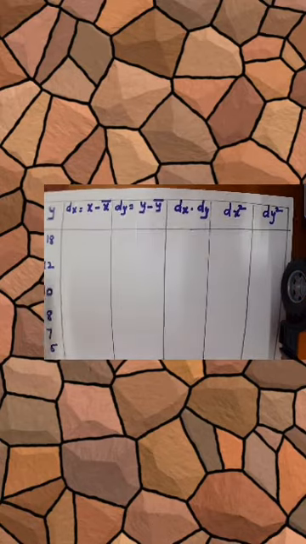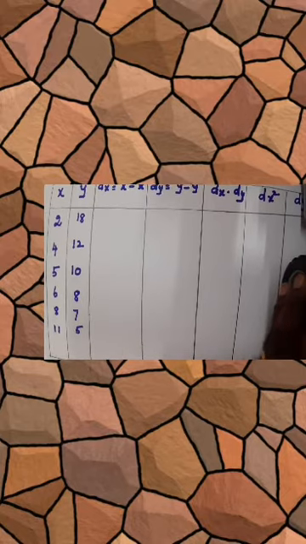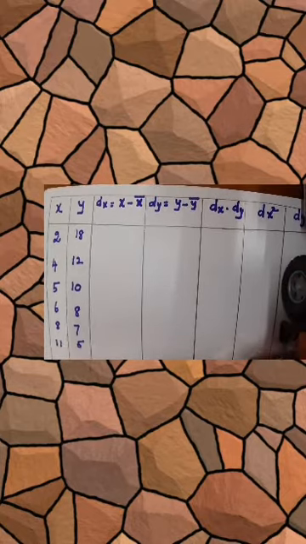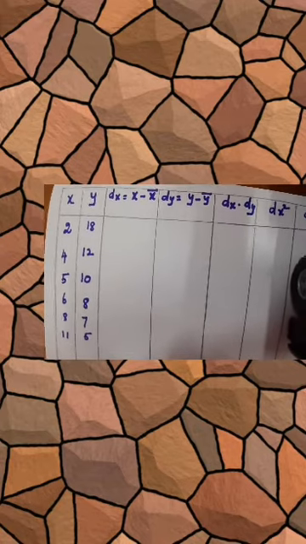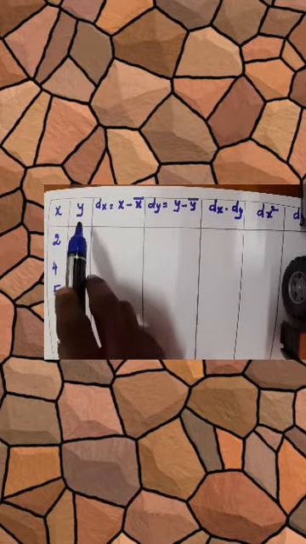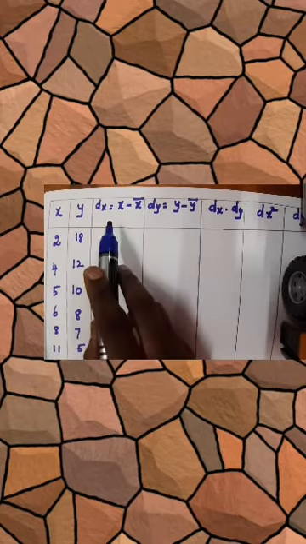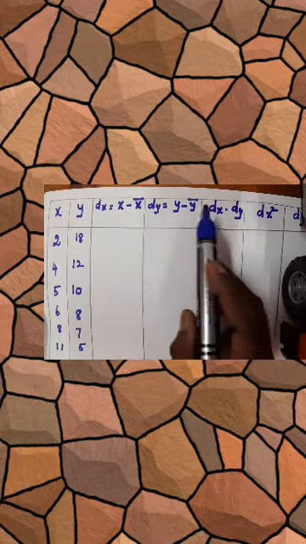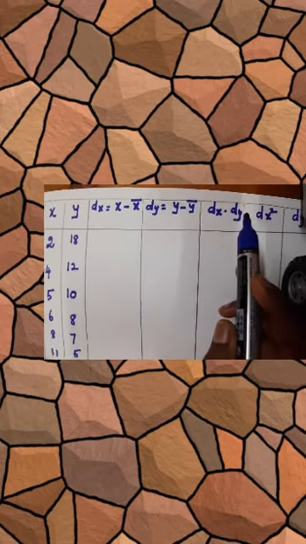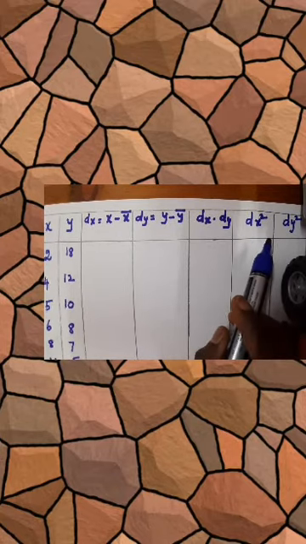So I have made a tabular column. So it's like this. You have an x variable, you have y variable, and then you have dx, dy, dx times dy, then you have dx square, then you have dy square.